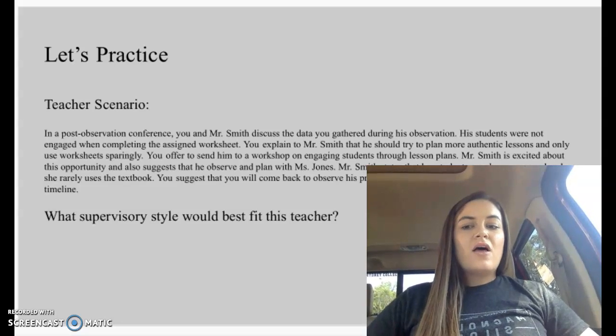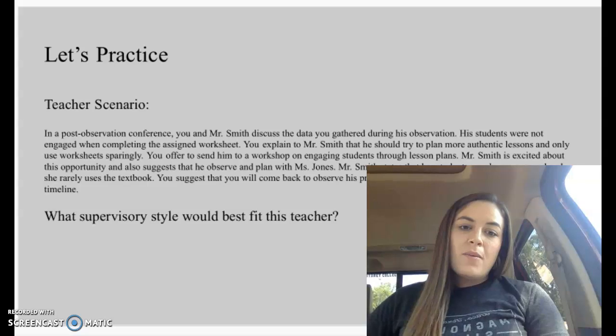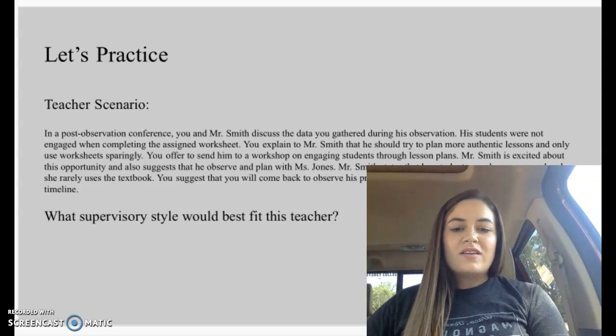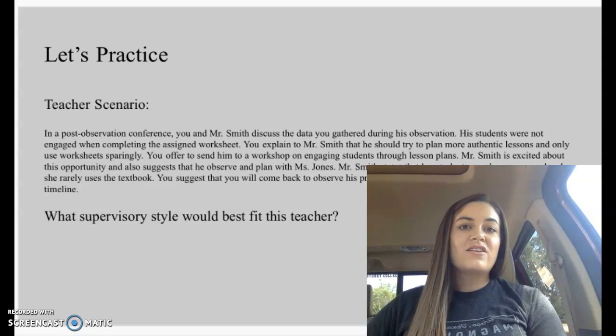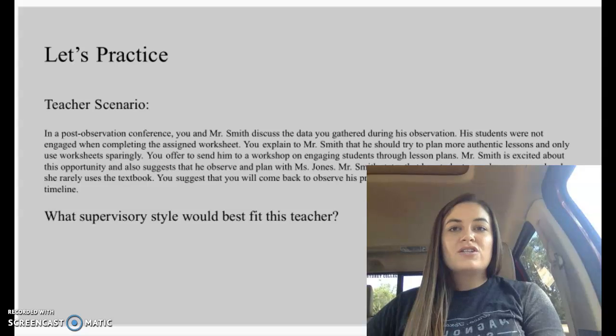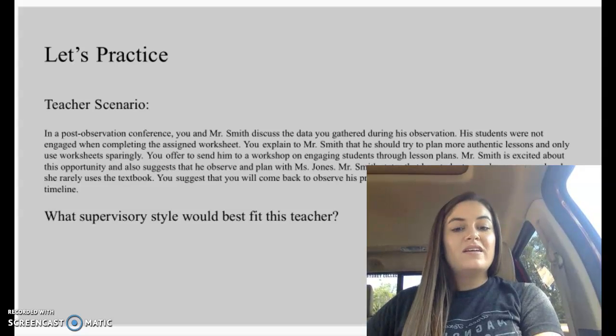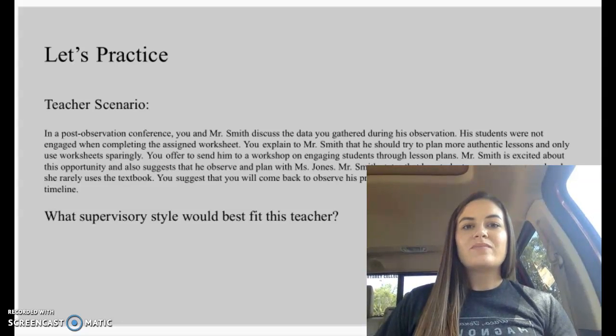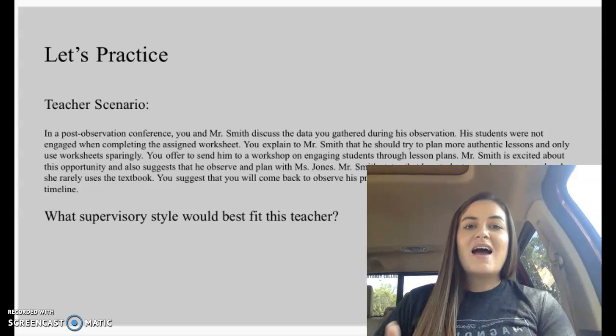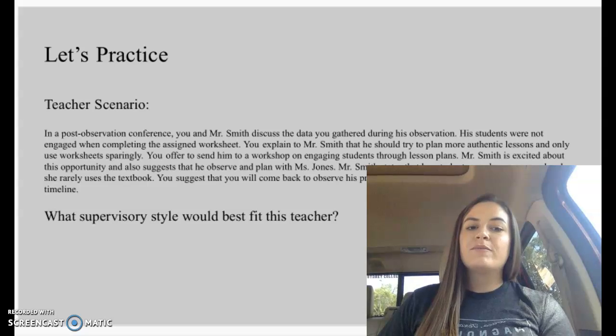So we call that low abstraction. But he's excited for this workshop that you're planning on sending him to, and he actually has another plan that he wants to go observe Miss Jones. So I would call that high commitment. He's willing to change. So if we look back on our quadrants, low abstraction and high commitment falls under collaborative.